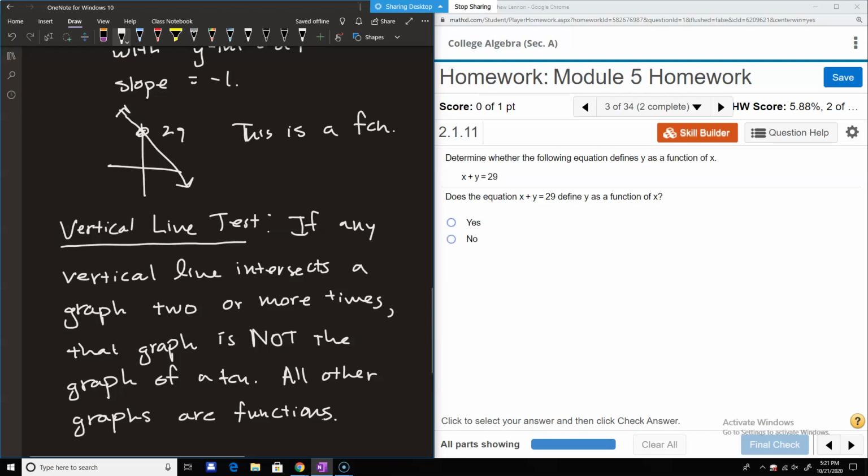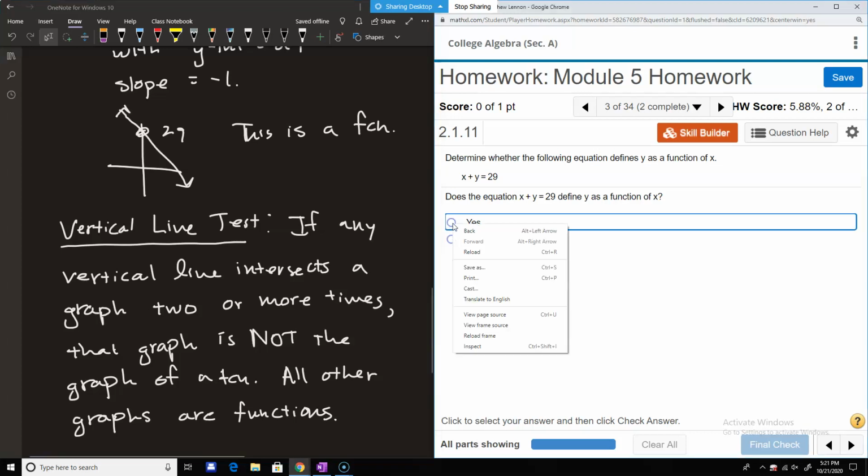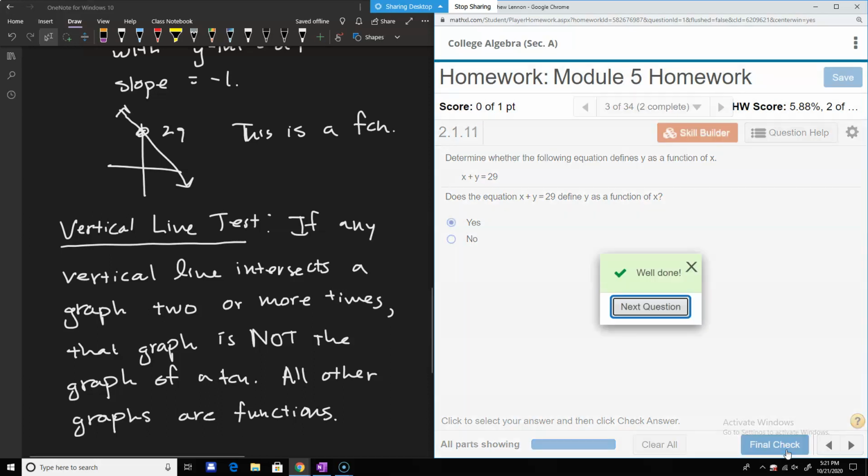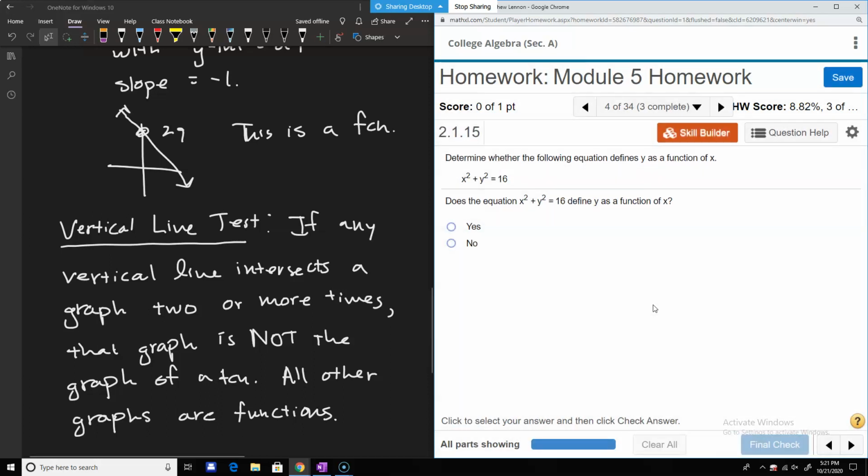So that means if you're trying to draw a vertical line, what is okay in terms of being a function means it either doesn't hit anything or it hits the graph exactly one time. And with any line that's not a vertical line, it's only going to hit it once. So this is a function. So for most things where you see equations, you can just go to something like Desmos, graph it, and say, okay, I know that it's a function. Or I know that it's not a function. The vertical line test is pretty easy to apply.